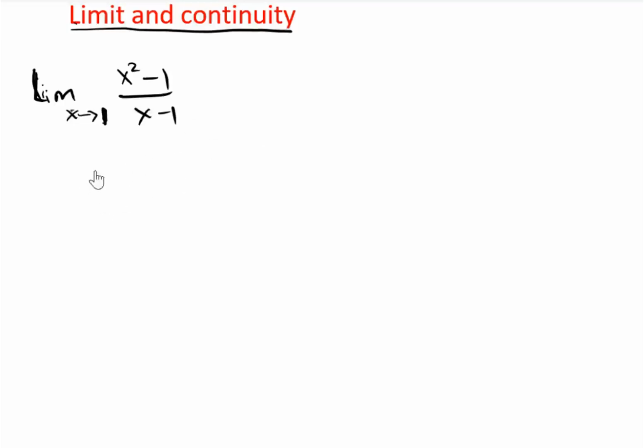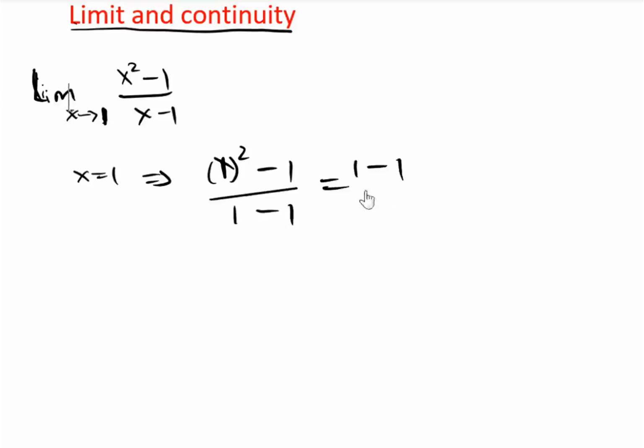If we assume x to be equal to 1, this implies 1 squared minus 1 divided by 1 minus 1, which is 1 minus 1 divided by 1 minus 1, and I have 0 over 0. That means this is undefined.